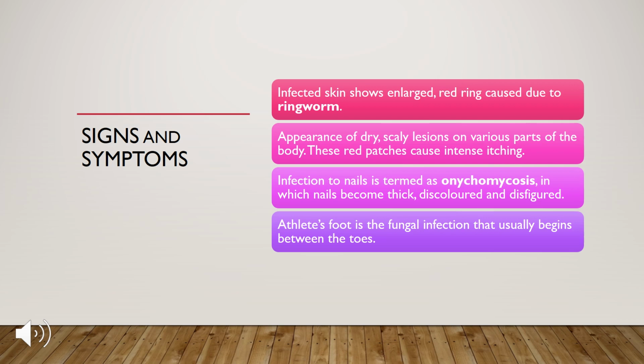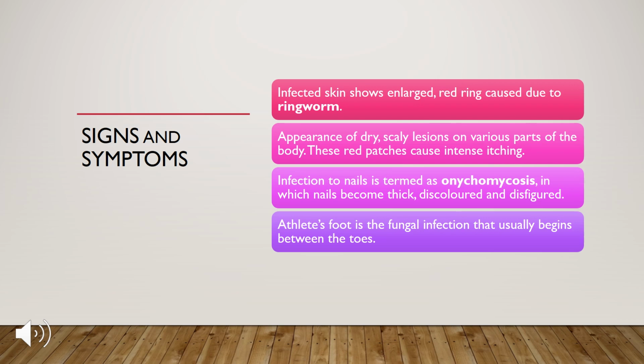Signs and symptoms of ringworm. Infected skin shows an enlarged red ring caused due to ringworm. So, if you are affected by this fungal infection, you will observe a red circular patch on your body. It may be dry, scaly, with lesions on various parts. And these red patches cause intense itching. Infection of nails is termed onychomycosis, in which nails become thick, discolored, and disfigured.